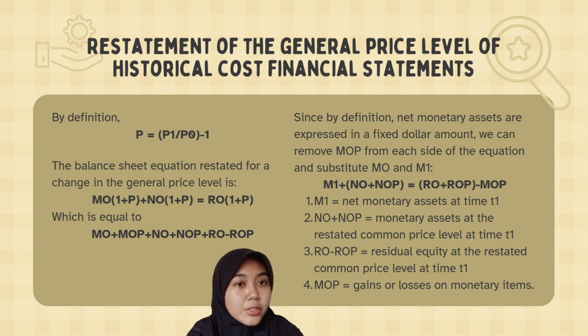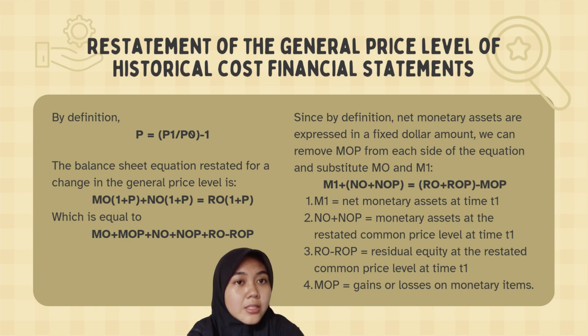Since by definition net monetary assets are expressed in a fixed dollar amount, we can remove M0P from each side of the equation and substitute M0 and M1, which gives M1 + N0 + N0P = R0 + R0P - M0P. The last equation above can be interpreted as follows.